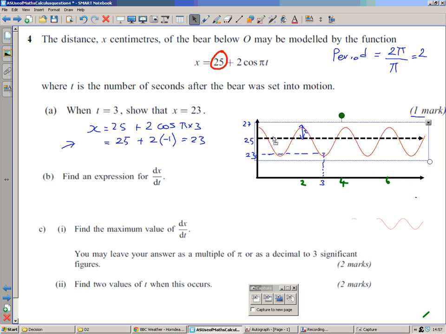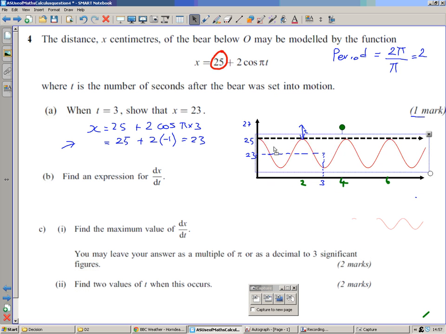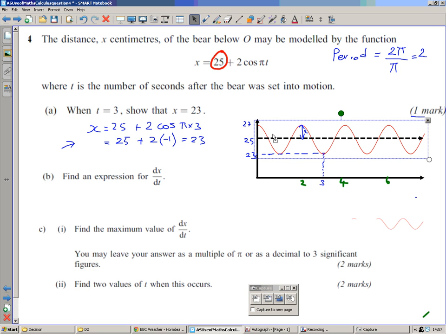The gradient wouldn't make any difference if we were down here, up there, or whatever. Shifting up and down doesn't affect the gradient of the curve, so the 25 disappears. Cos differentiates to minus sine, and the pi goes with it because it's pi t. So we've got dx by dt is equal to minus 2 pi sine pi t.